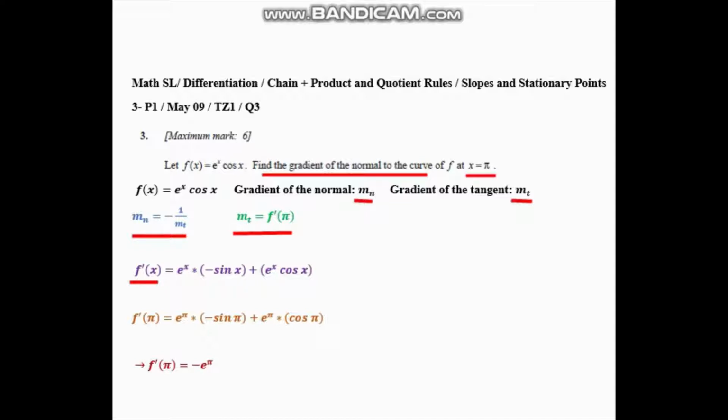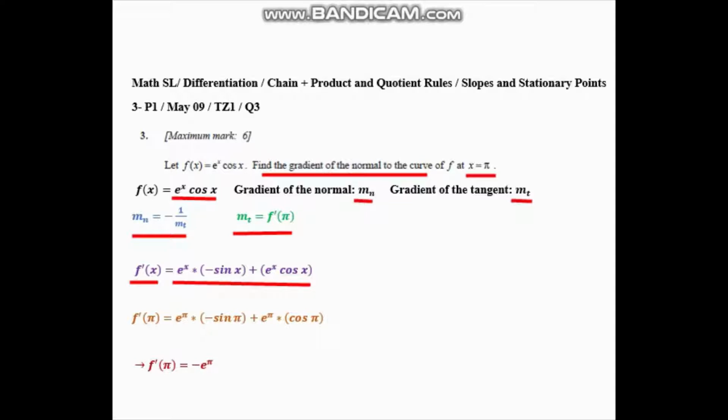So to differentiate this function, e to the power of x cosine of x, I shall use the product rule, and I'm going to do this quickly like I've mentioned before. You have another video for detailed solutions. So e to the power of x cosine x gives me this expression: e to the power of x times negative sine x plus e to the power of x cosine x.